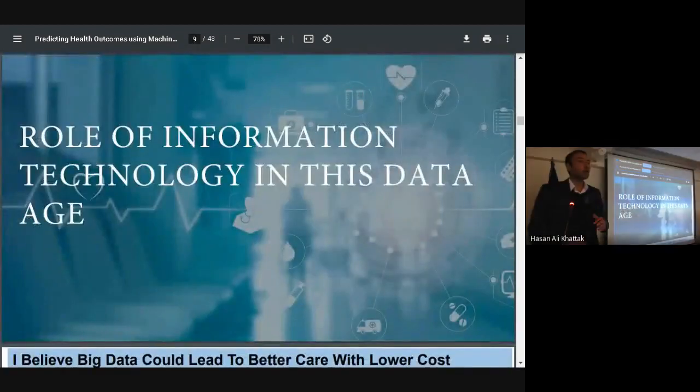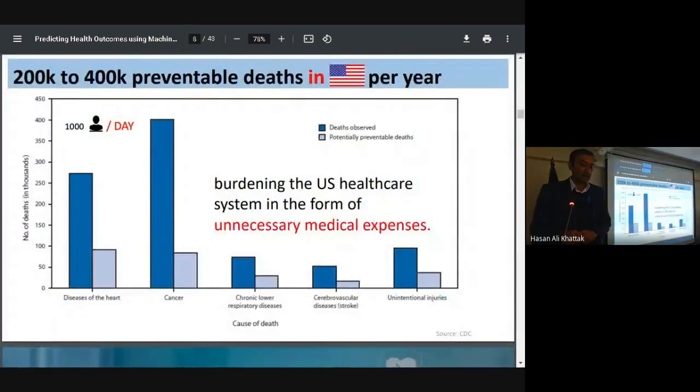Here comes the role of information technology in this data age, that is how we can use machine learning and deep learning to early predict heart failure and respiratory illnesses. COVID is just one example of respiratory illness, and there are several others like influenza, and also chronic lung, liver, and blood diseases.